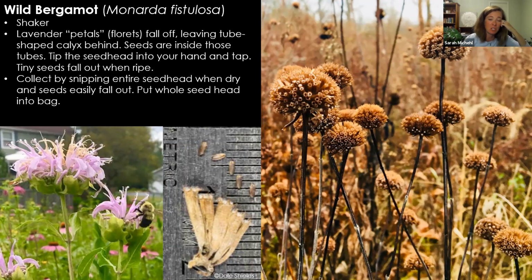You can see in that picture with the ruler, the seeds are so small. So I'm just taking the whole seed heads and putting them in a paper bag when they're brown and dry looking, and then I'm just throwing the whole seed head out there because those seeds are so tiny.